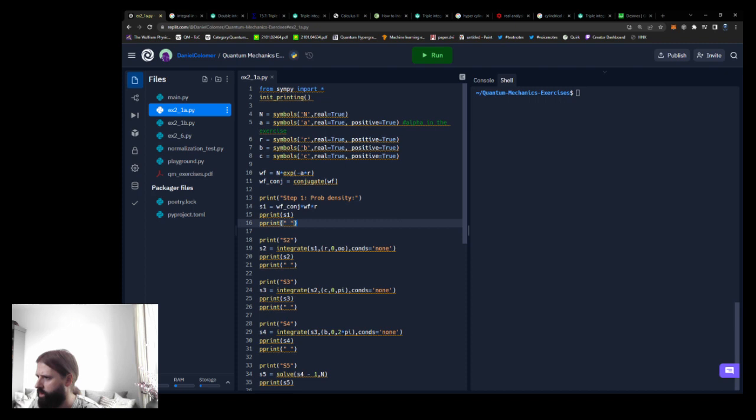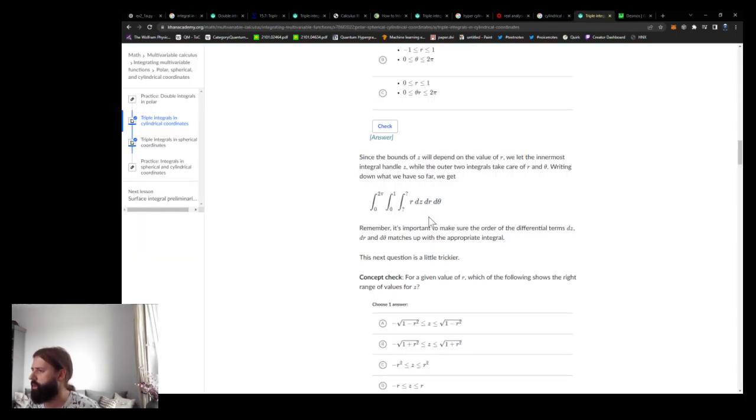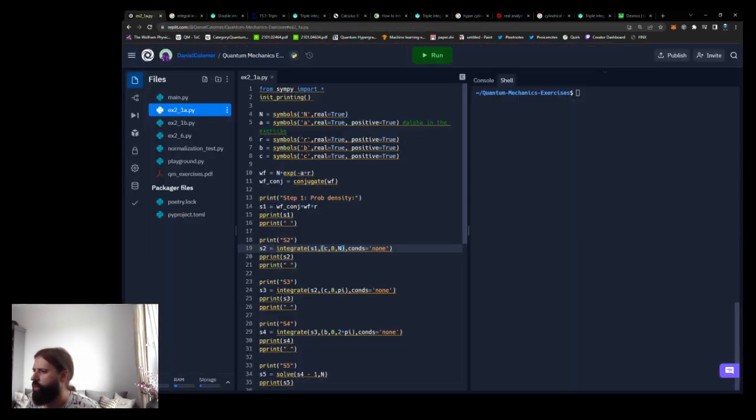So first we do z. For z we're going to use the c, and it's 0 until n, right? First we do z, then we do r, and r is going to be 0 to infinity, and then we do theta, and theta is between 0 and 2 pi.